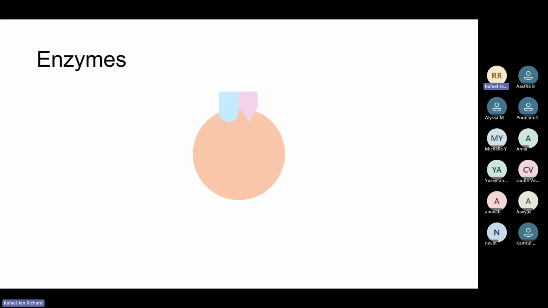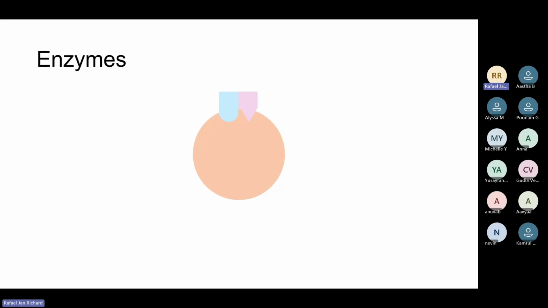But from chemistry class, you probably also know that most chemical reactions don't take place until there's a certain temperature or a certain amount of kinetic energy around them. And this is why some reactions couldn't occur in the human body without catalysts.